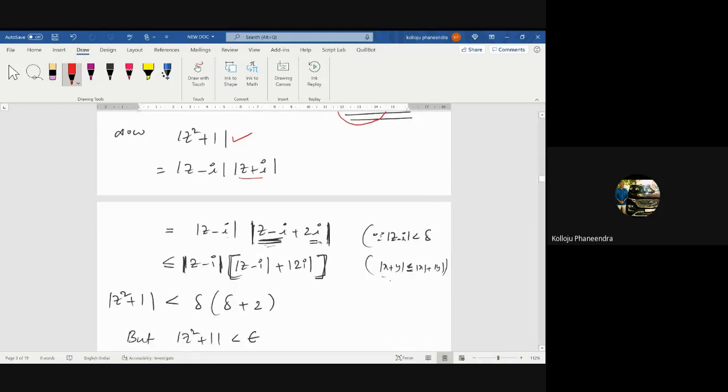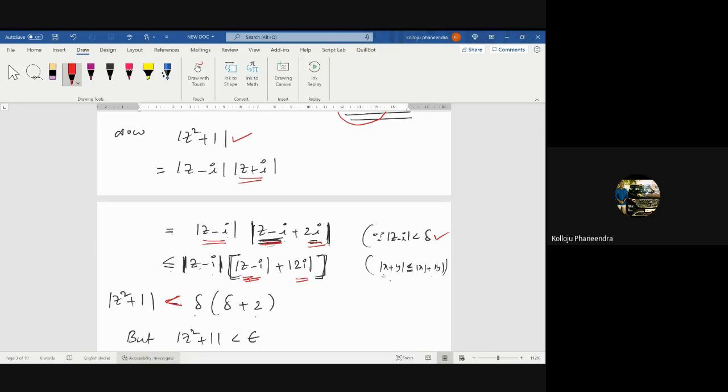That is why I have written z plus i as z minus i plus 2i. Now the formula mod x plus y is less than or equal to mod x plus mod y. Here mod z minus i is less than delta, and mod 2i is 2.